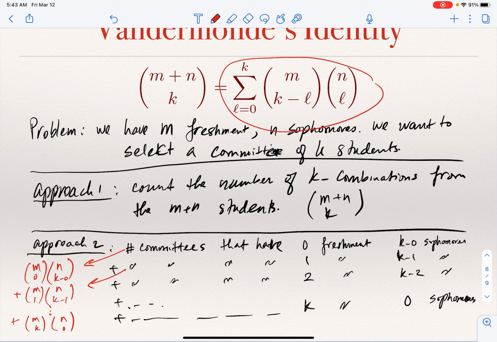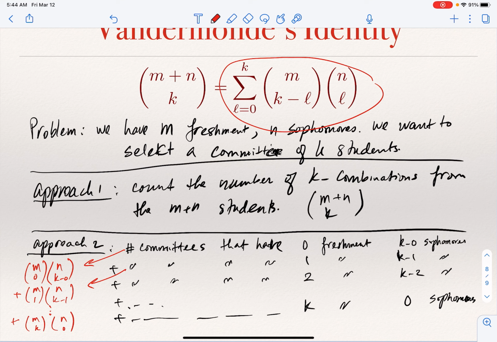In approach 1, I was asked to form a committee of k students, and I have m plus n students. I know by the theorem that we learned that it is m plus n choose k. There is no hole in that argument. The second approach, I am now distinguishing between the committees based on the number of freshmen and sophomores in them. There is no hole in it. I did not miss anything. I did not overcount anything either.